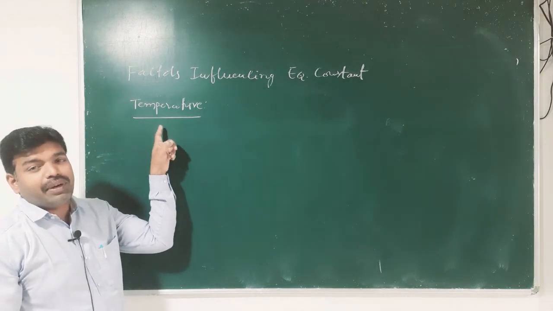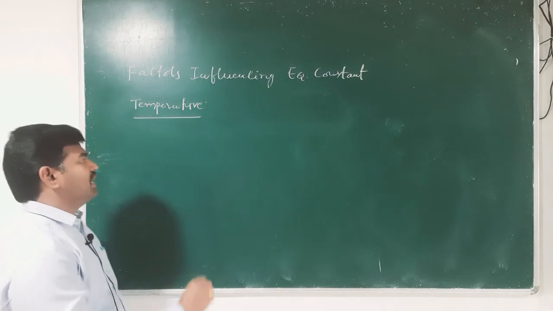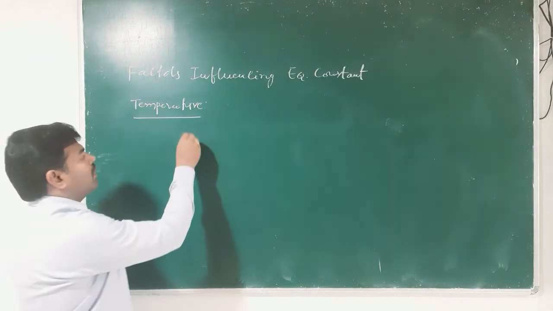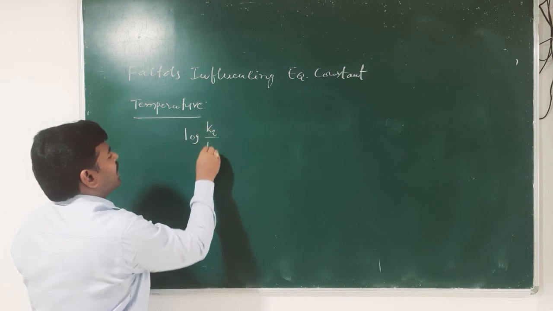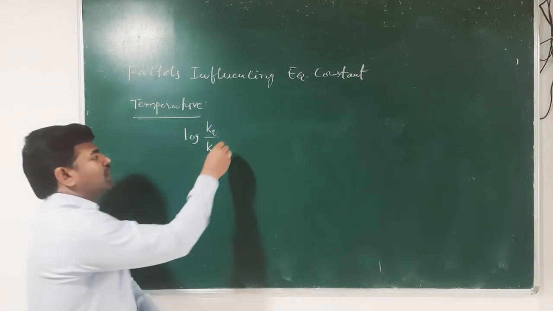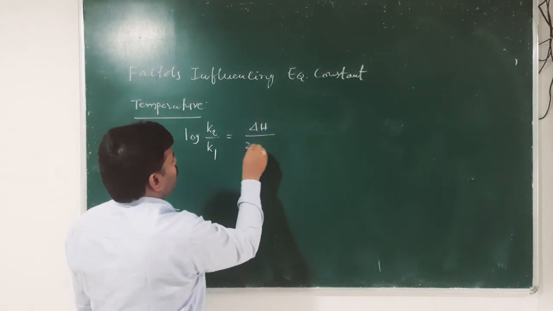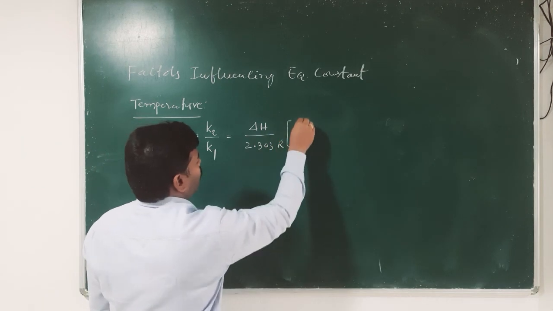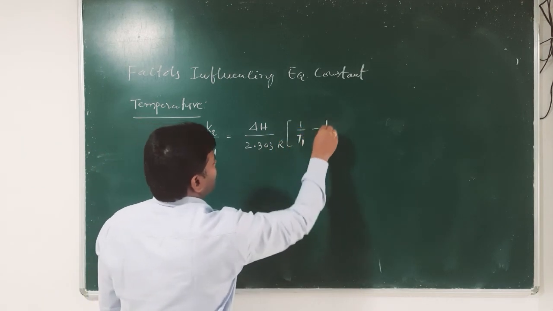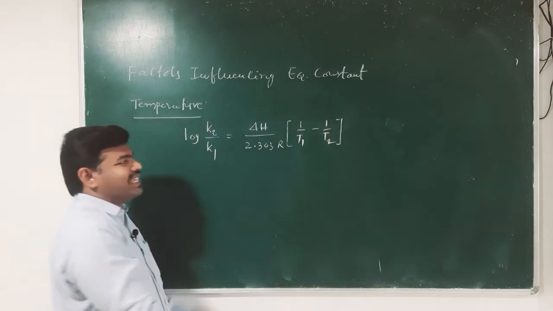effect of temperature on equilibrium constant is given by a relation, that is log K2 by K1 is equal to delta H by 2.303 R into 1 by T1 minus 1 by T2. Okay. This is the equation.